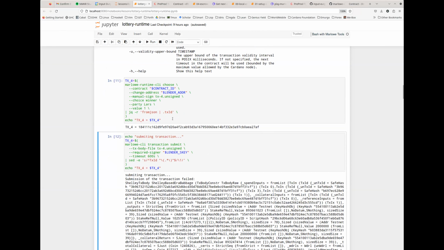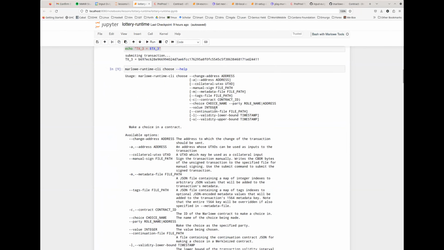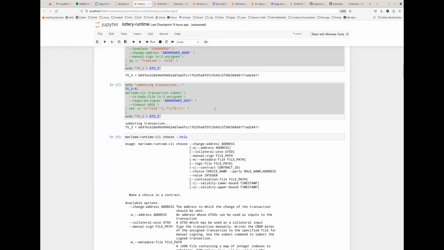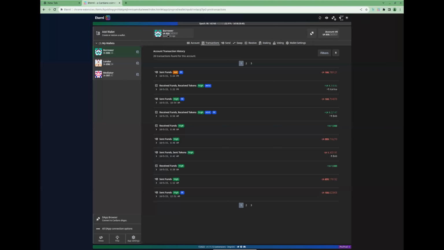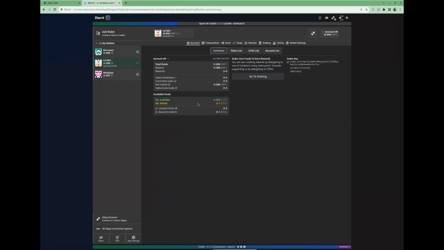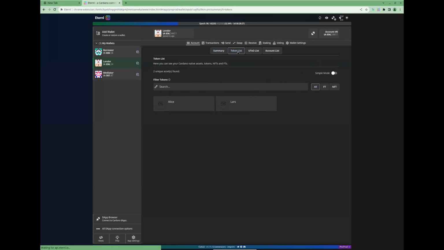Did I make a mistake with the names? No, it's 4. That's right. And aren't you the Lars Eski? Yeah, but that was just lender, I think. Oh, no. Yeah, I think that's correct because the lender is the one that has the NFT.